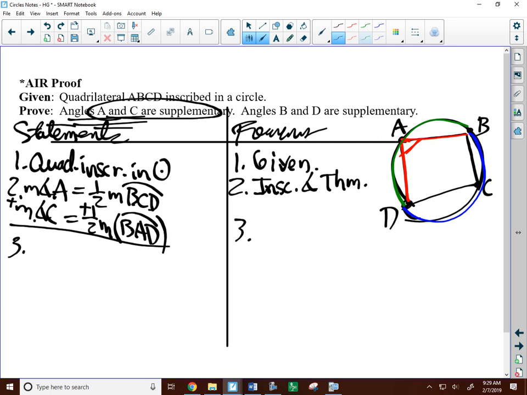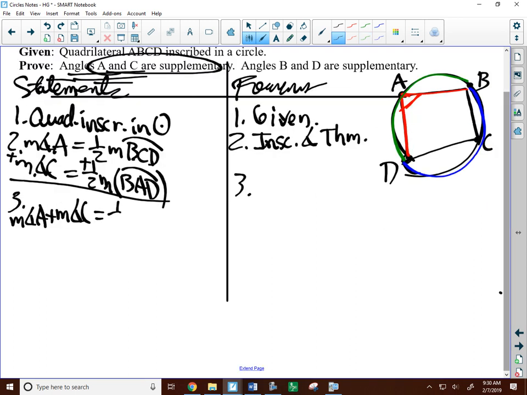So I'm going to add to this one angle C. The left side of this equation will say measure of angle A plus measure of angle C. On the right side, I'm going to add an equal thing to C, which is half the measure of arc BAD. Basically the left sides come together and the right sides come together. I'm just adding each of those together. So I'll have half the measure of arc BCD plus half the measure of arc BAD.